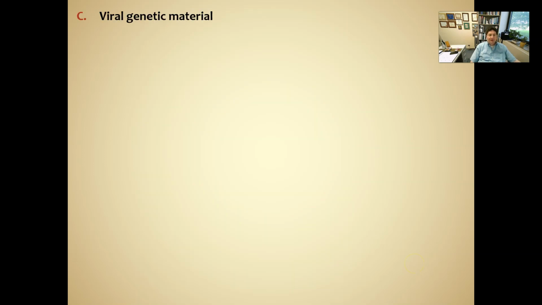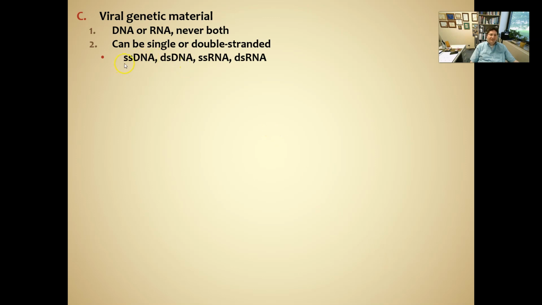Now, what about the viral genetic material? Remember, viruses can be DNA or RNA, but they don't contain both, like living organisms do. Now, this DNA or RNA can be single-stranded or double-stranded. Well, you could have single-stranded DNA, double-stranded DNA, single-stranded RNA, and double-stranded RNA.